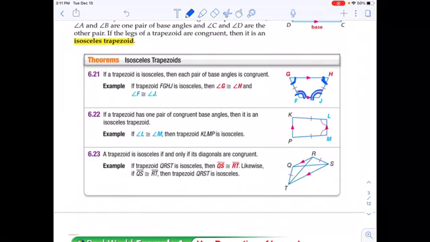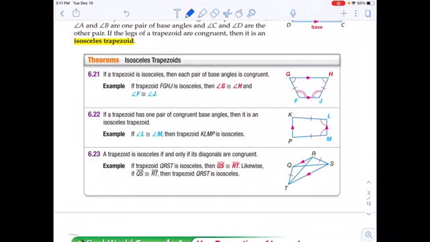Now, to know which ones are congruent to which, it is the angles formed with the base between them.